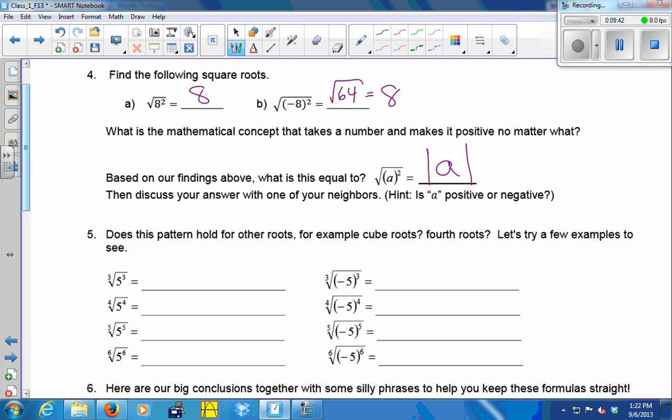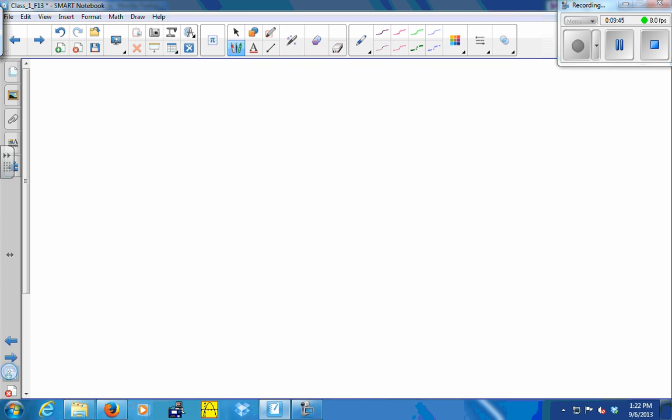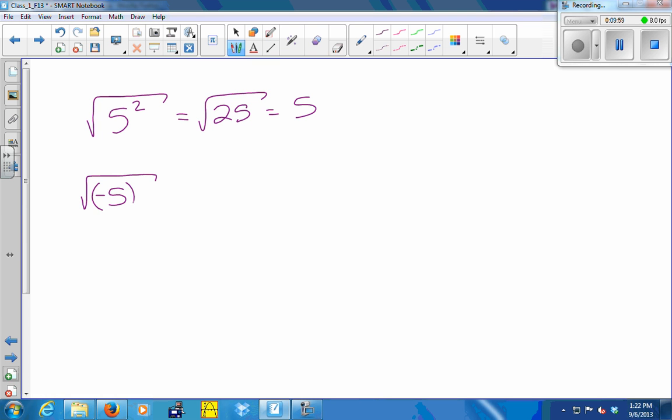Yeah, so maybe if I do a couple more examples, that might help. So if I do the square root of 5 squared, what do you get? Yep, that's the square root of 25, which is 5. If I do the square root of -5 squared, that's also the square root of 25, right? Which is 5.